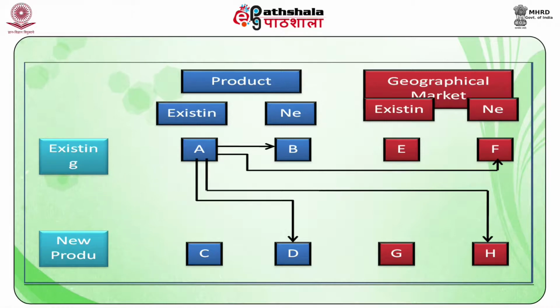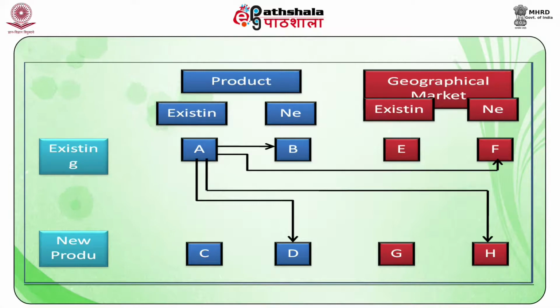Firms can overcome this problem by opting for diversification. The direction of the diversification can be more than one. As shown in figure 1, there can be 4 possible directions of diversification.